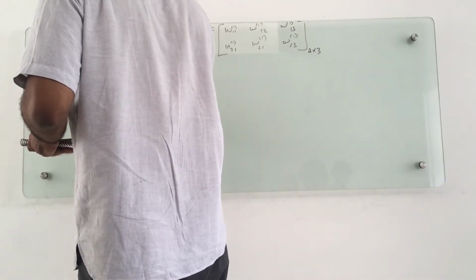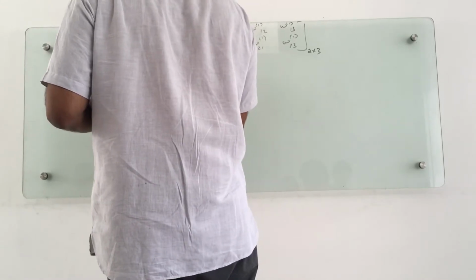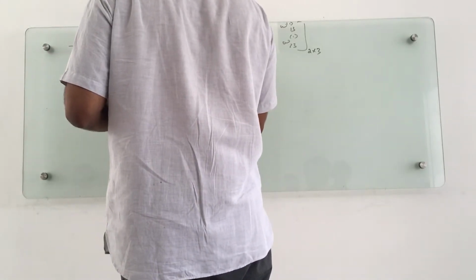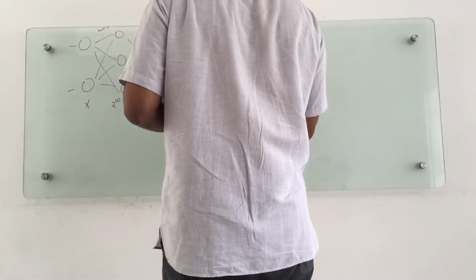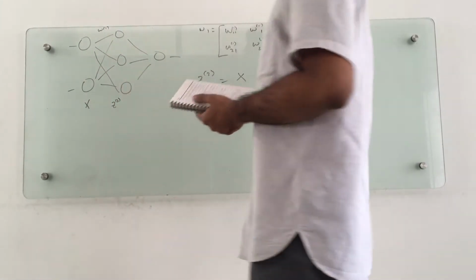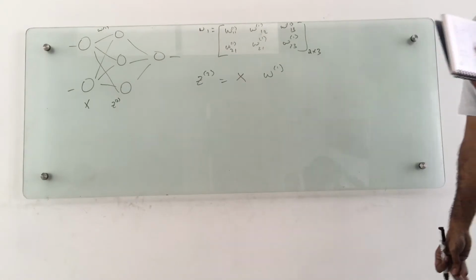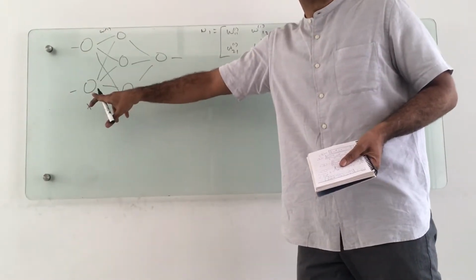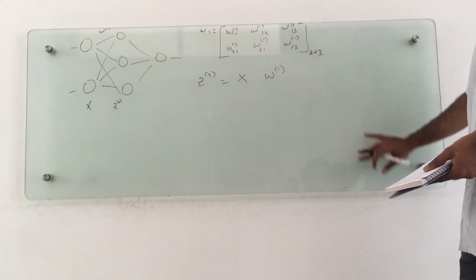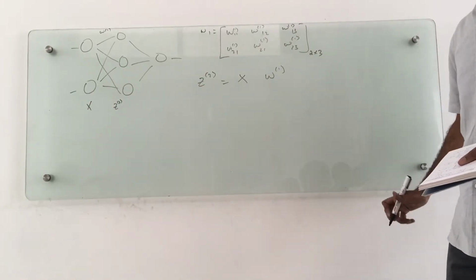I will call this Z2. My Z2 is X into W1. My X has 2 features, right? There could be 1000 rows of those features.